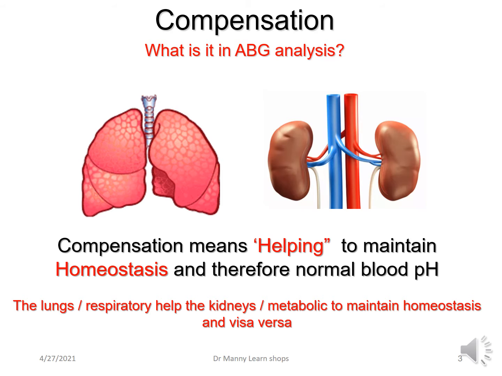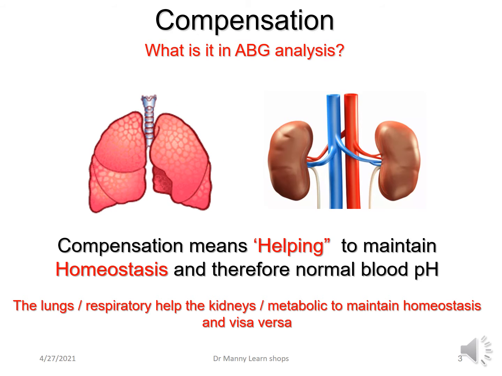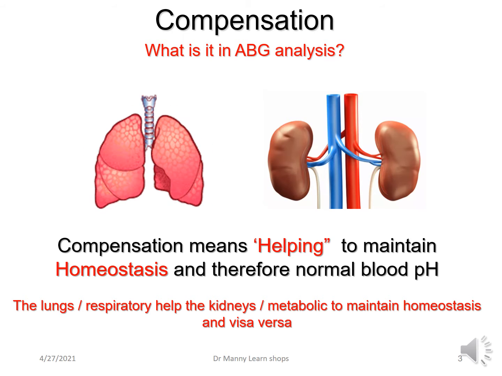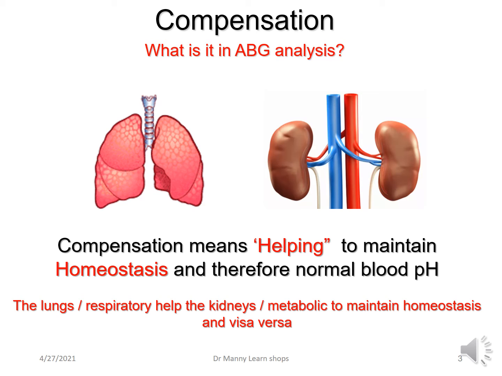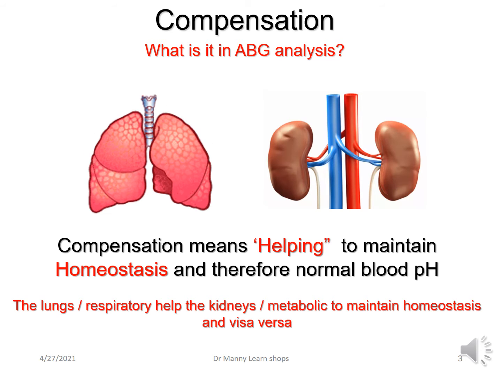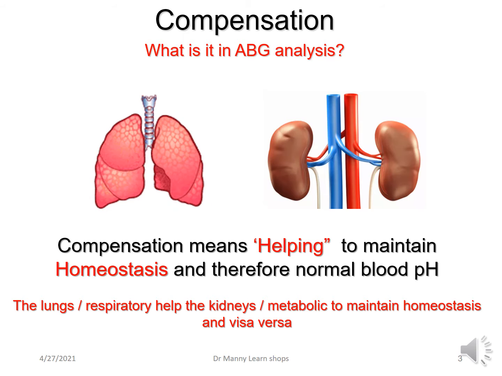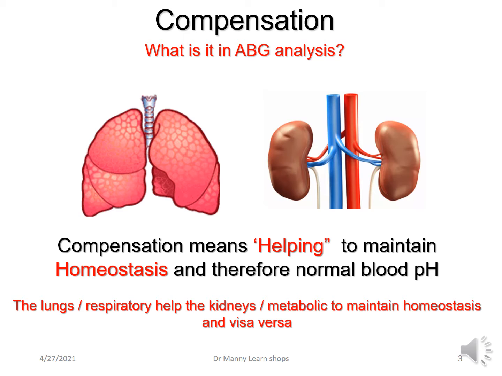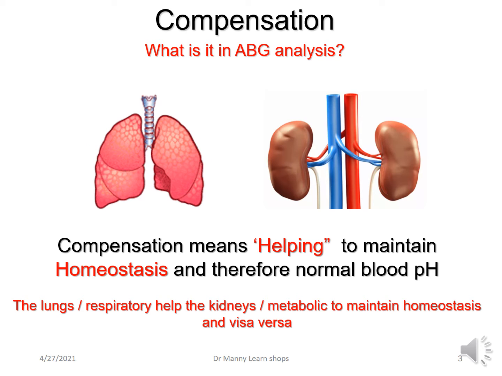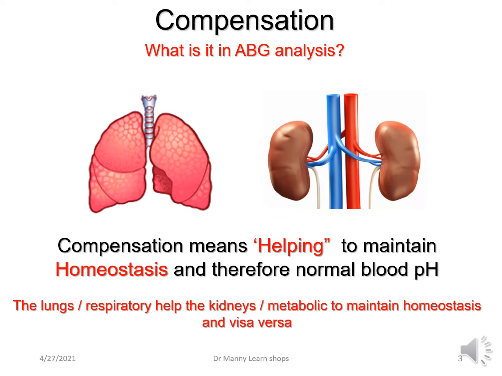So, what then is compensation in arterial blood gas analysis? Compensation in this situation means helping to maintain homeostasis and therefore maintaining a normal blood pH, which you now comprehend as being extremely narrow, 7.35 to 7.45.